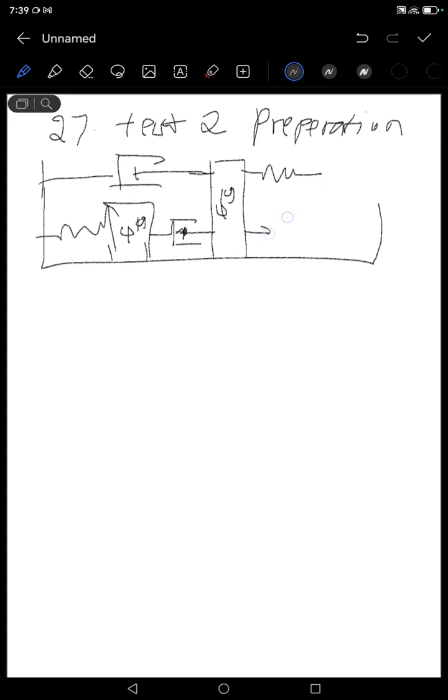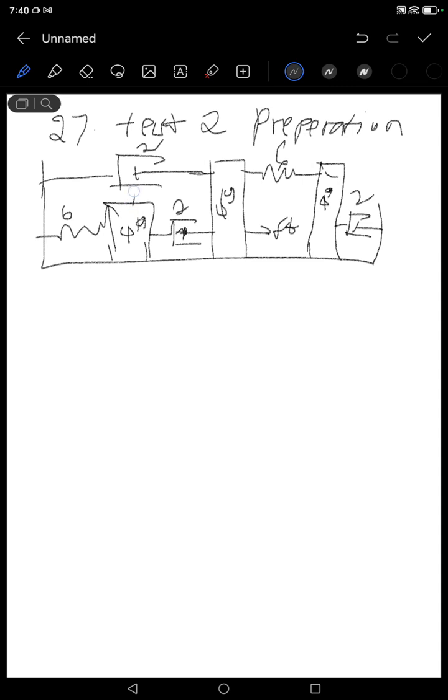We have a force here, F(t). And then here we have the last mass, 4 kg, and then we have a damper here, like this. So all the dampers are equal to 2, all the springs are equal to 6, and all the masses are equal to 4.